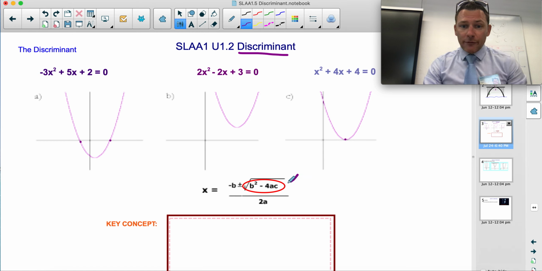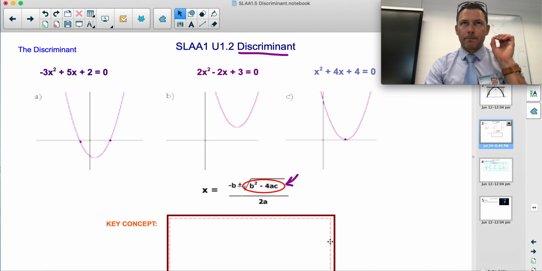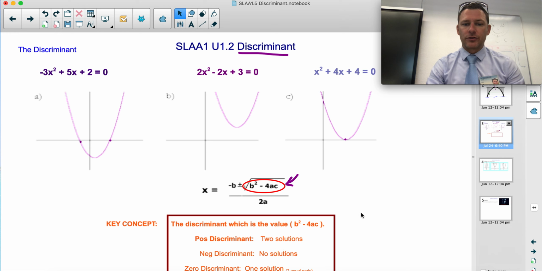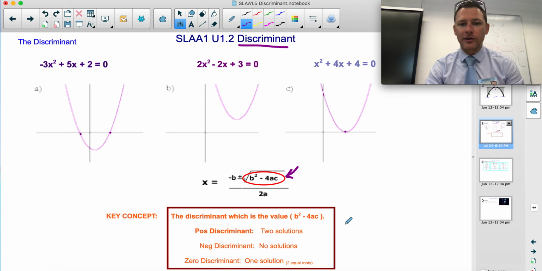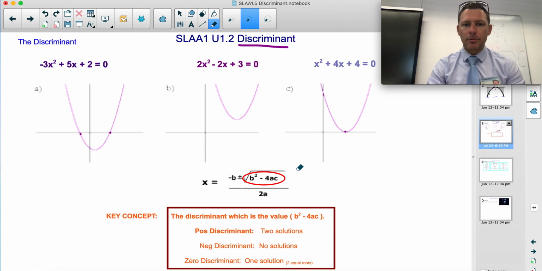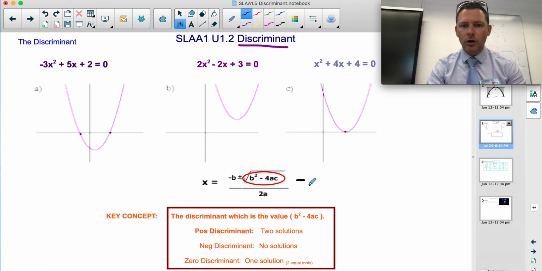So it's the stuff on the inside. You don't even need the radical to tell you about the discriminant. I'll tell you why in a second, so maybe you want to write that down. Here's how it happens. You could break up the quadratic formula a little bit differently. I'm going to break this up into 2 fractions.